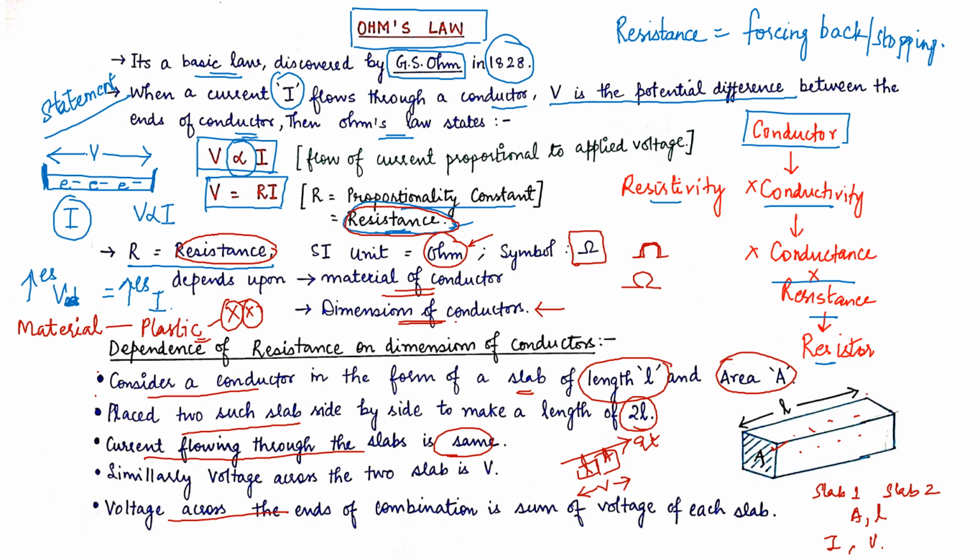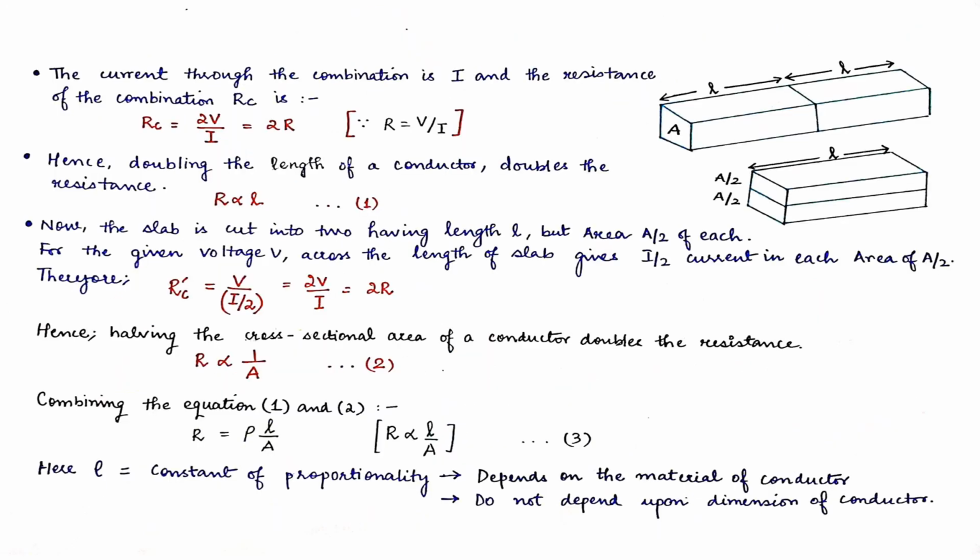Now the voltage across the ends of the combination is the sum of the voltages of the two slabs. See over here, this is slab 1, this is slab 2. Voltage provided across this is V, across this is also V. The current is I, the current is I. We have provided them separately.